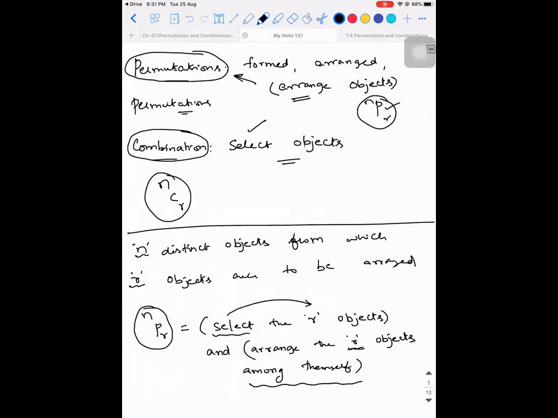Select objects, or you will see the keywords like formed or how many combinations are possible. These are all the keywords that are used for combination. Okay. Now see.